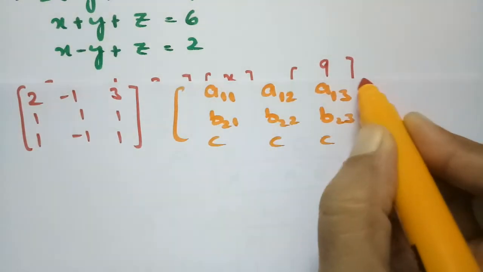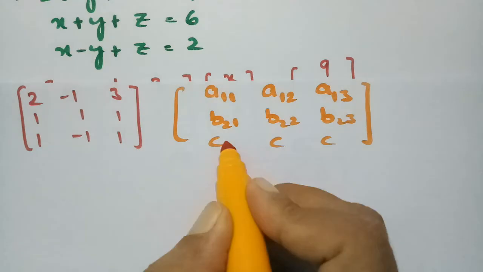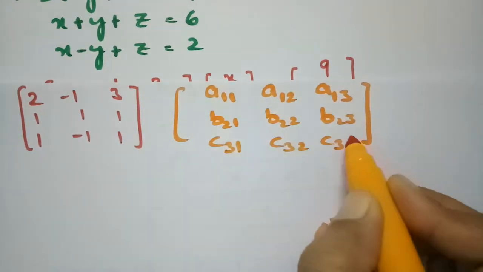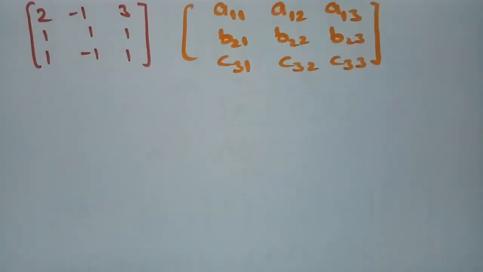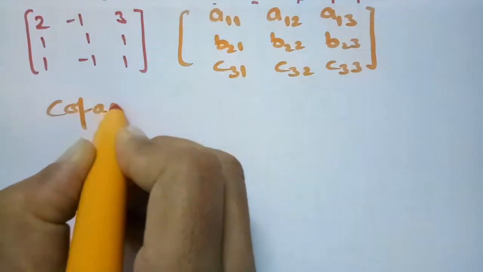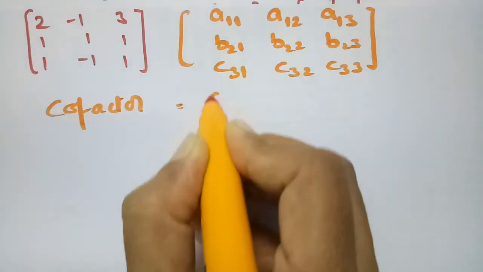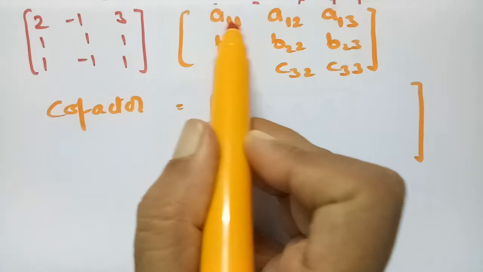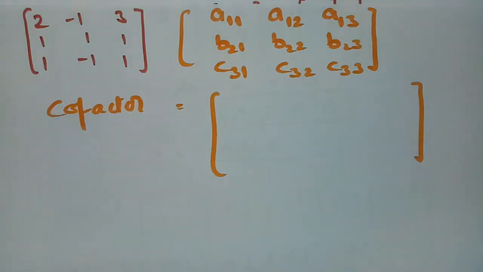These are the third row elements, column 1, column 2 and column 3. Now for the cofactor matrix, I have to multiply with minus 1 power row number plus column number, minus 1 power 1 plus 1.